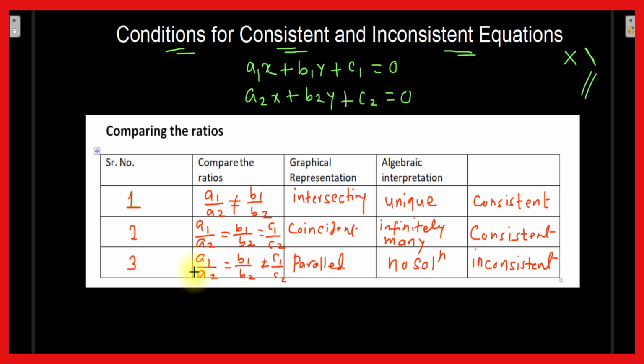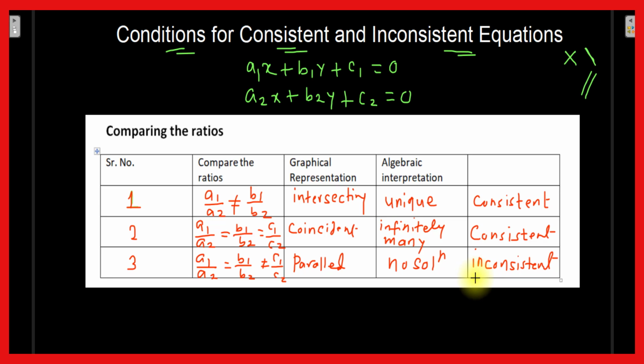And the third condition is that a1 upon a2 is equal to b1 upon b2 is not equal to c1 upon c2, then both equations will have parallel lines, there will be no solution, and it will be called inconsistent equations.